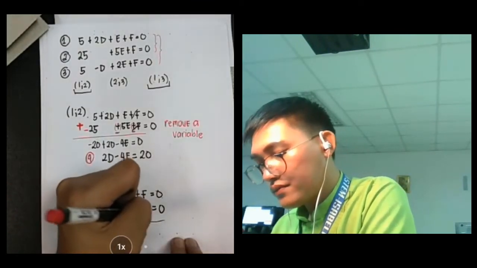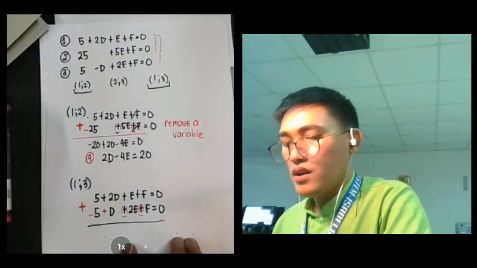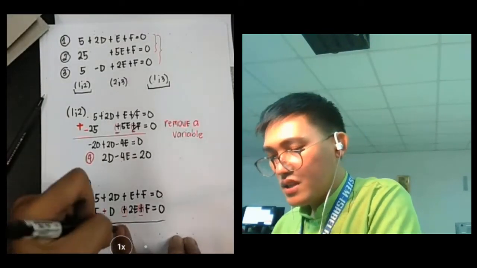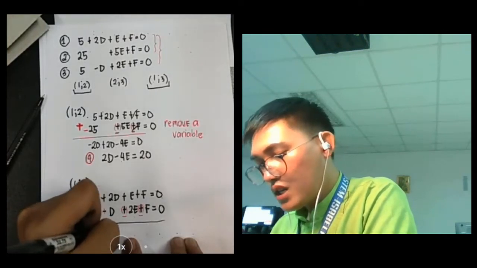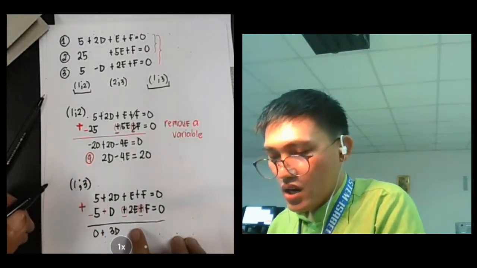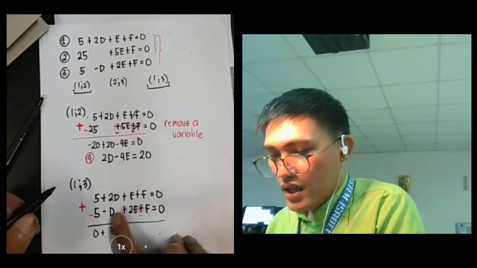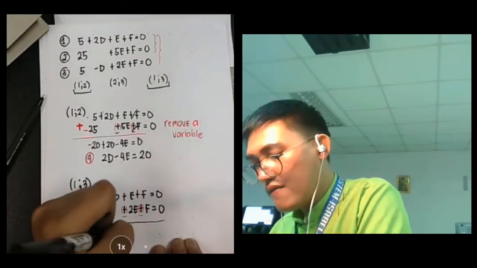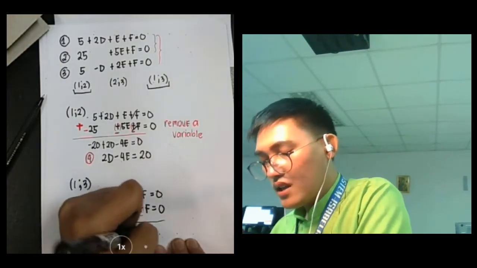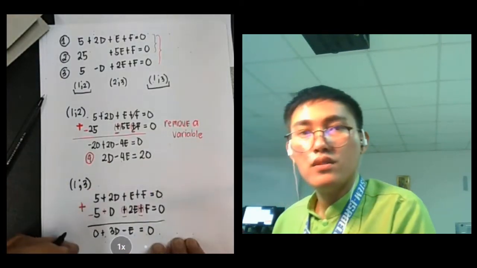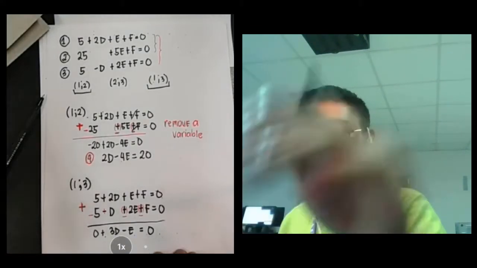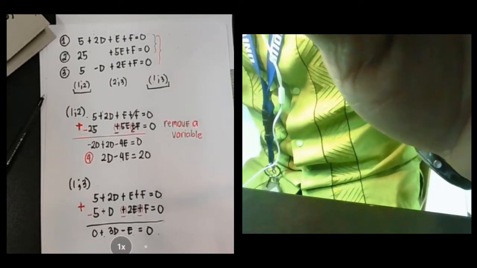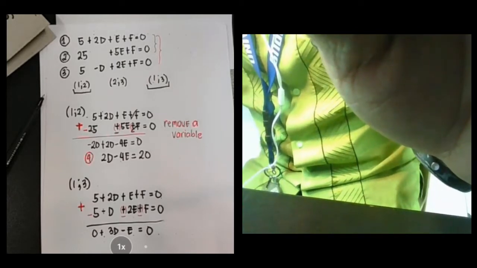Then e plus negative 2e is negative e, equals 0.